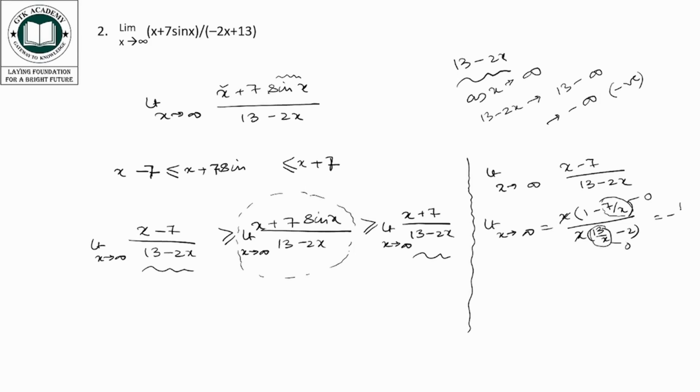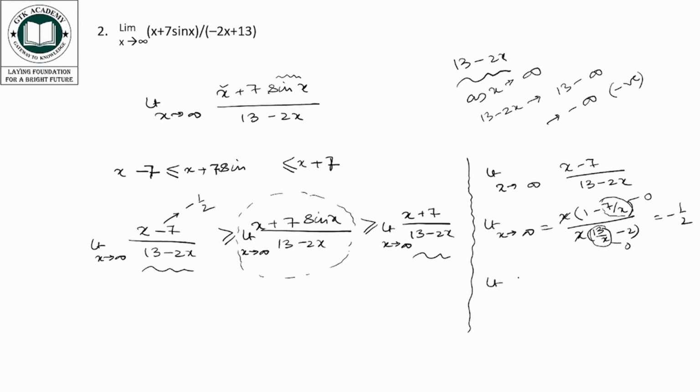So this will be minus 1 upon 2. We have already told that when the degree of numerator and denominator is equal, then the limit is the ratio of leading coefficients, that is 1 and minus 2. So this limit comes to minus 1 upon 2.